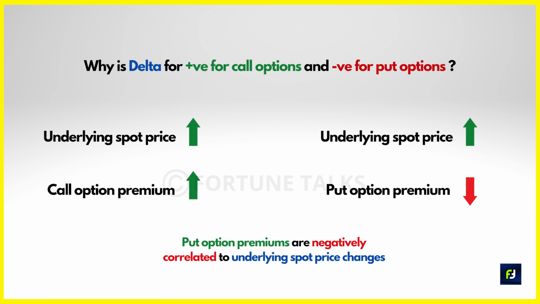This is because a rise in the price of a stock or its futures is positive for call options, because when the stock or futures price rises, call option premiums increase in value, while it is negative for put options because a rise in stock or futures price is associated with a decline in put option premiums. In fact, the negative sign is to show this difference and nothing else.